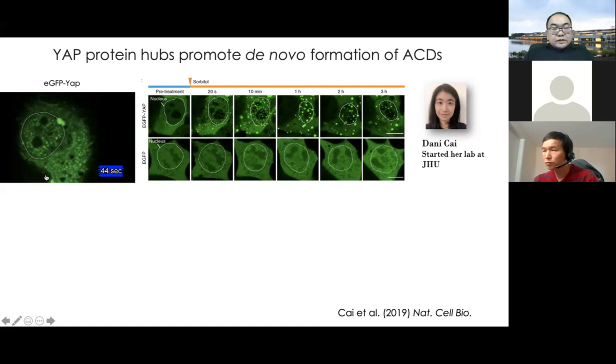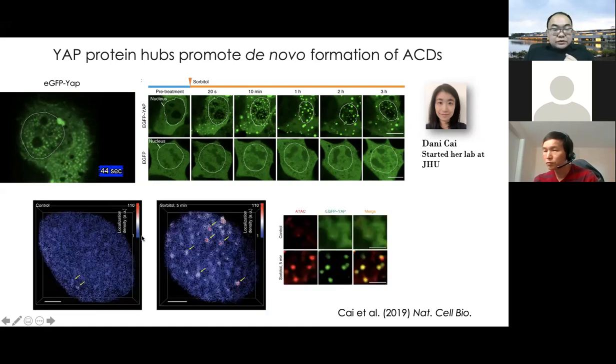What we find is that these YAP condensates can induce de novo formation of accessible chromatin domains in single cells, which suggests that protein interactions do provide very essential roles to organize accessible chromatin structures.